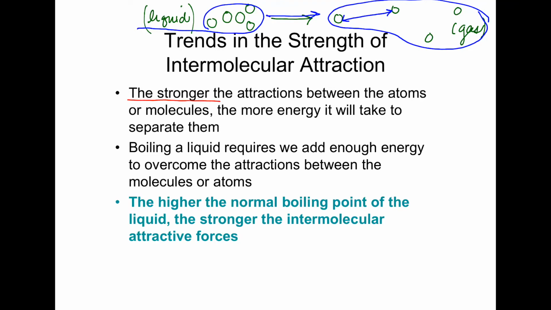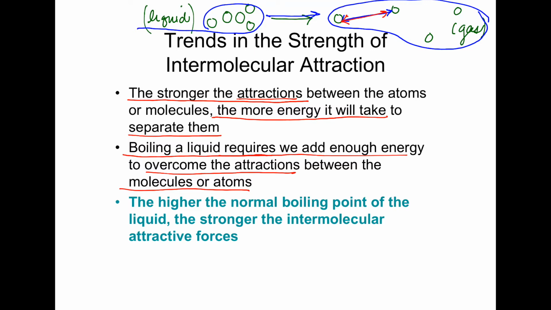And the stronger the intermolecular forces are, the stronger those attractions are, the more energy it's going to take to separate them. If they're really attracted to each other, it's going to take a lot of energy to create that space. When we boil a liquid, we have to put in enough energy to overcome all the attractions between the molecules or atoms. So really what we're saying is that we have to put enough energy in to break the intermolecular forces.